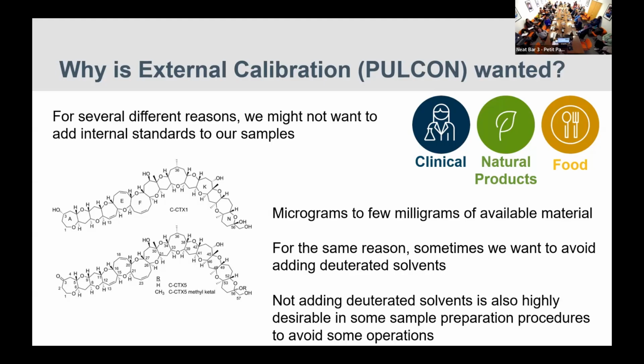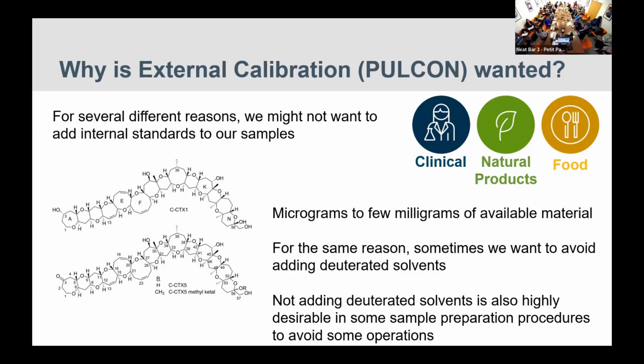For the same reason, sometimes we also want to avoid adding deuterated solvents, because we observe that, as we know, there are H/D exchanges in some samples, and with some of the toxins these H/D exchanges are very easy to happen but very hard to revert. So we end up having deuterated standards where we wanted to have native standards, and that is not good.